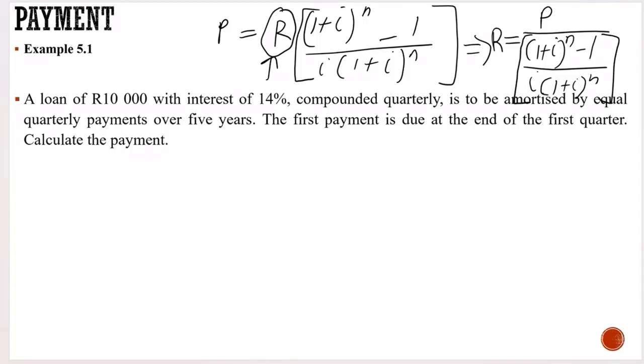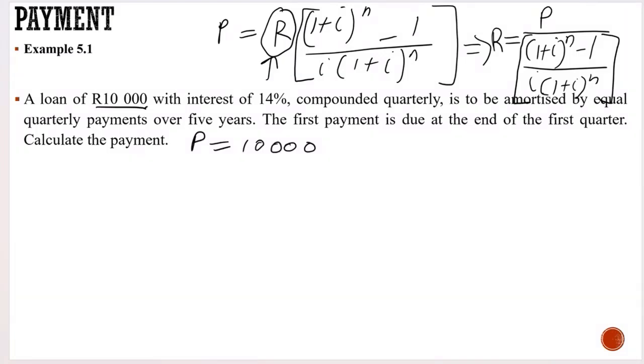So let us look at this example. Here is a loan of 10,000. That is your present value. When you're talking about amortization, we're working with present value. So your P here is equal to 10,000. I just want to take you through how you do payments.